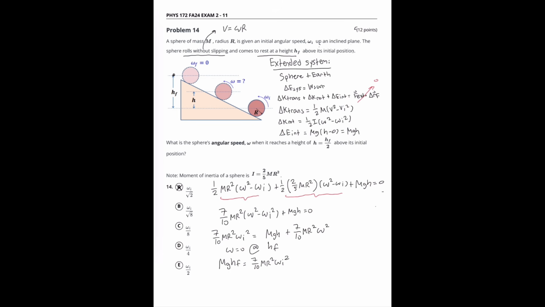So when you do this at h equal to hf over 2, you will get 7/10 m r squared omega squared plus 1/2 times 7/10 m r squared omega initial squared is equal to 7/10 m r squared omega initial squared.